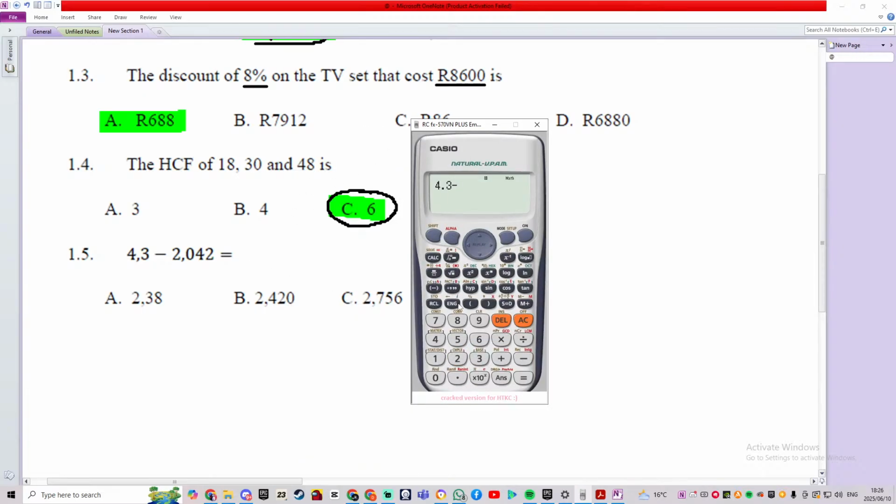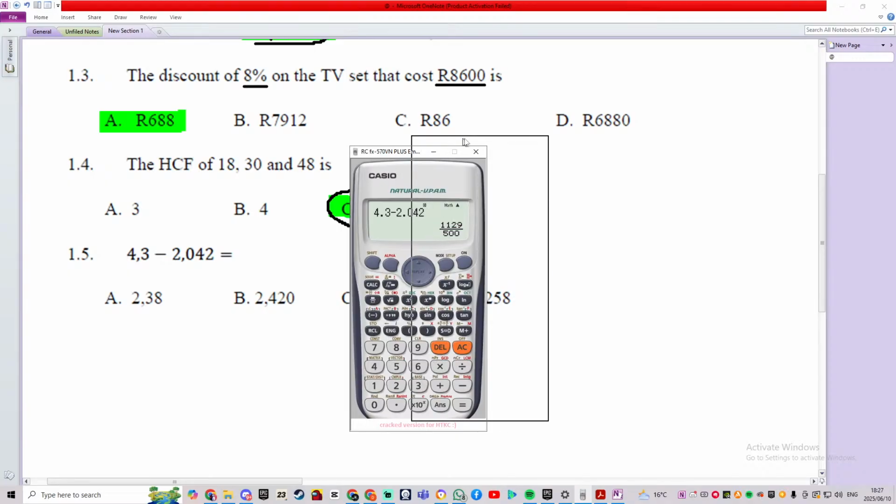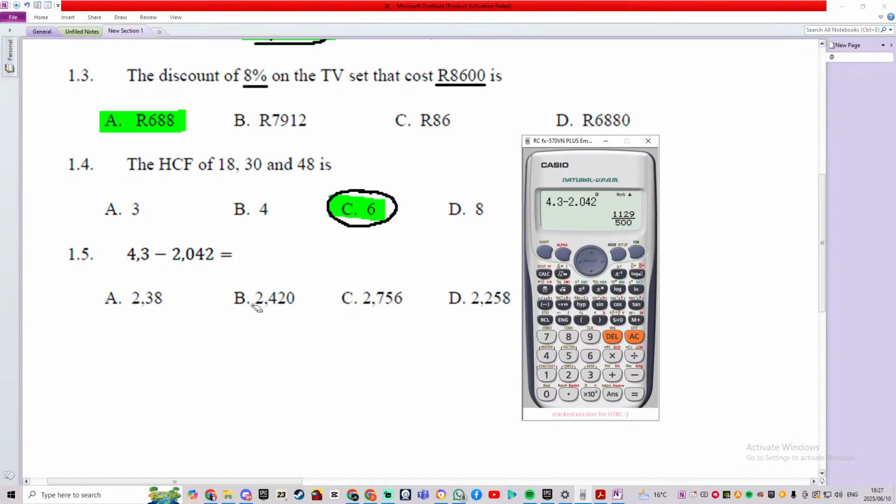If you can do it straight on a calculator, 4.3 minus 2.042 equals. If you get this and you've just subtracted decimals, press the SD button.